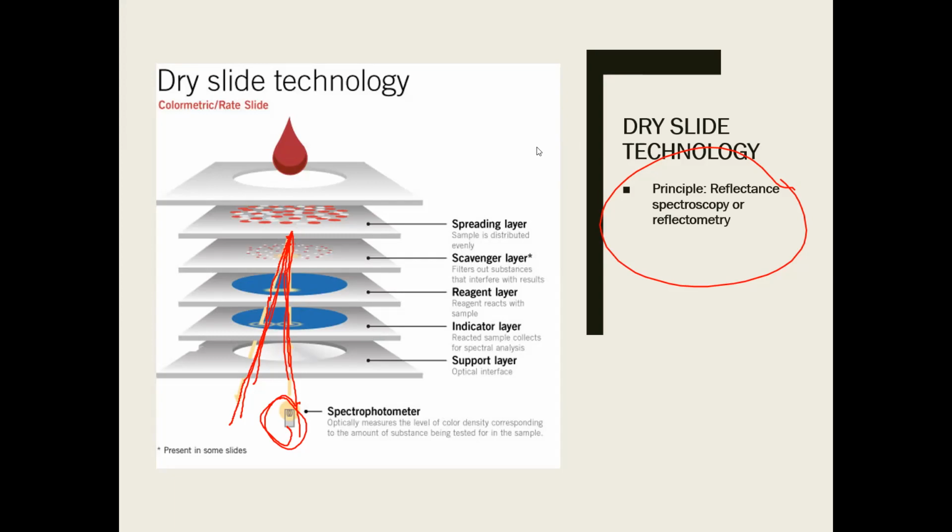The support layer is for optical reading. The beam of light will pass through our layers, going to our photodetector, and this photodetector will transmit the signal to our readout device for our result, so that we will have an immediate result.